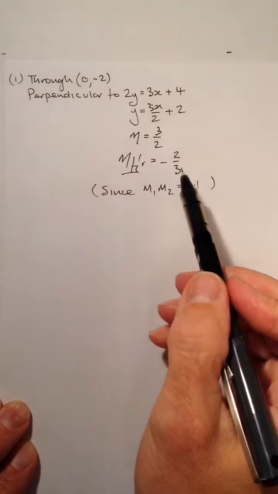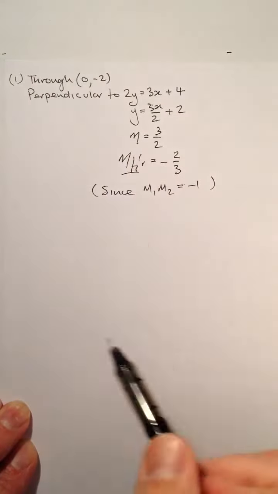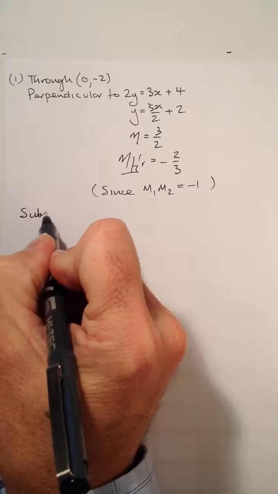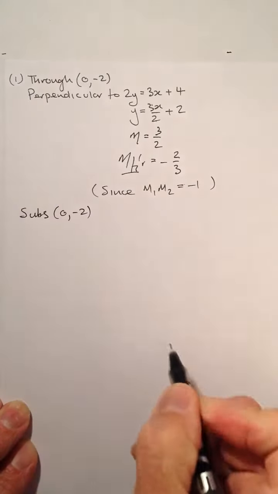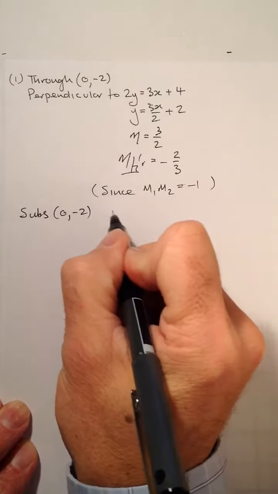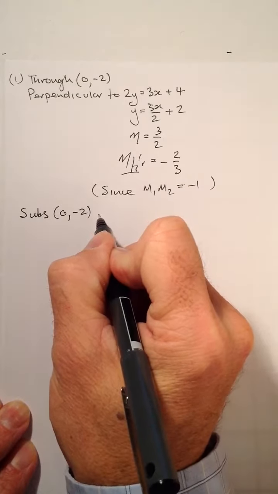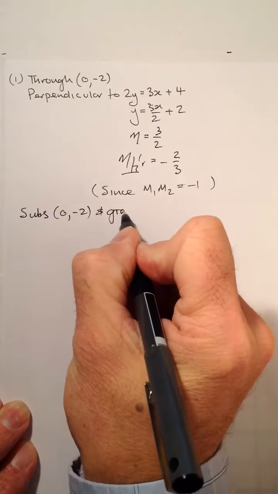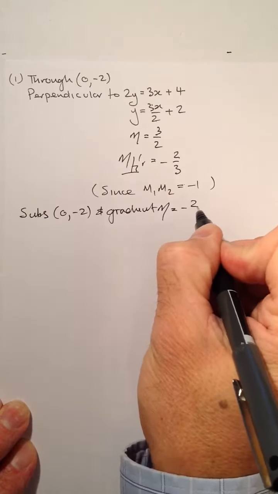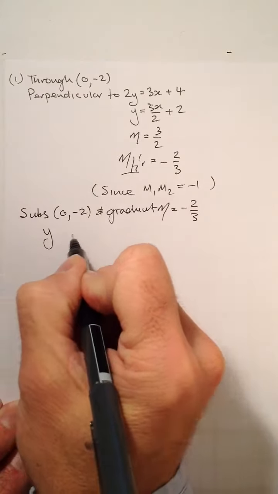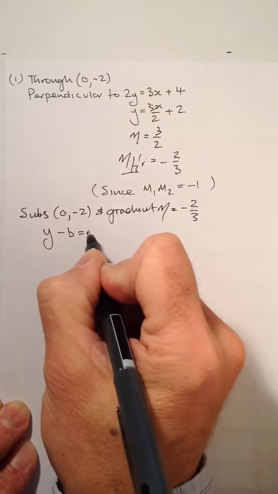So I've got my gradient that I'm going to use and I've got the point. I'm going to substitute the point (0, -2), and my gradient is going to be equal to -2/3, into the equation of a straight line.